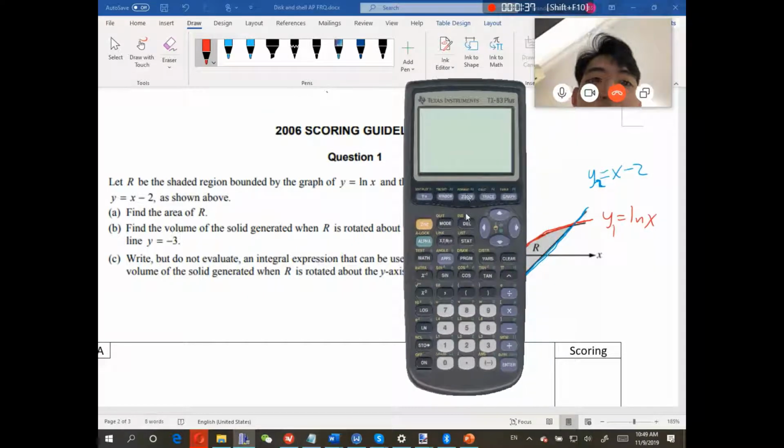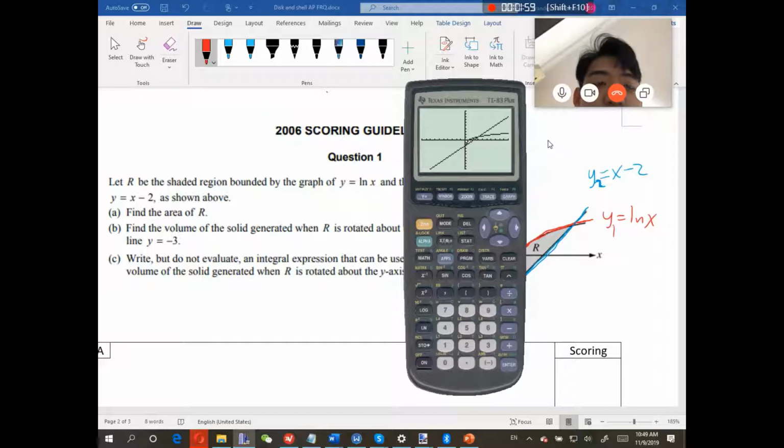Okay, so in my calculator, in order to find the bounds, I'm going to graph both of these functions, and then we'll calculate some intersects. So let me do that really quick. This is the natural log of x and x minus 2. So if I graph these, we've got our two functions here.